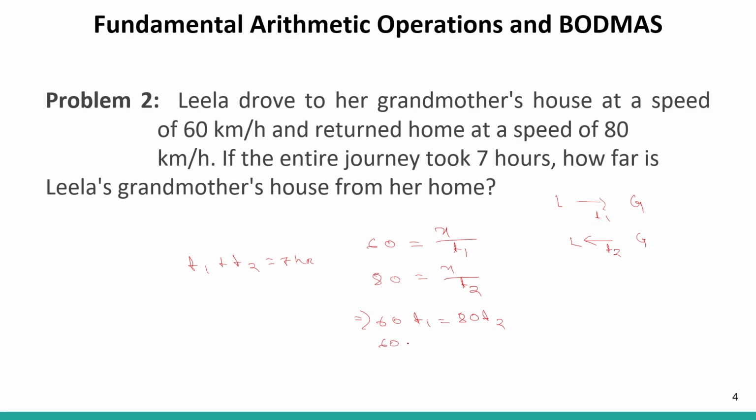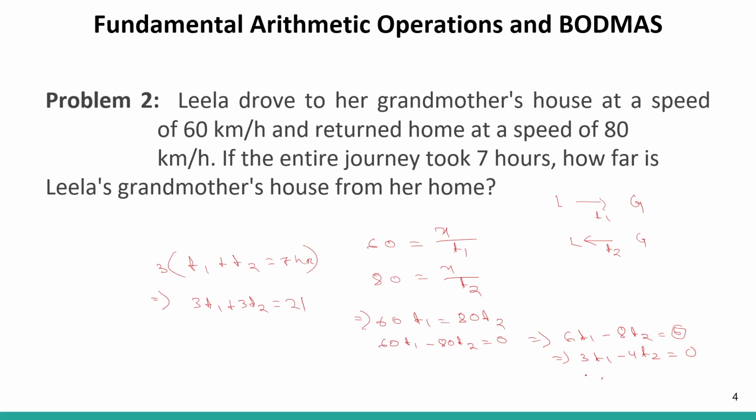So what we can see is 60 t1 minus 80 t2 is equal to 0. This implies 6 t1 minus 8 t2 is equal to 0, so 3 t1 minus 4 t2 is equal to 0. Let's multiply 3 with the other equation: 3 t1 plus 3 t2 is equal to 21.